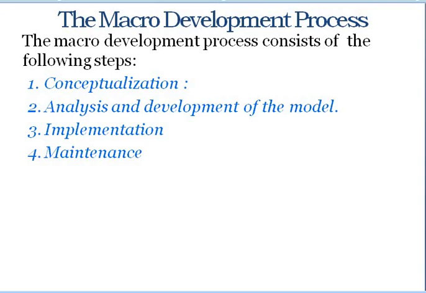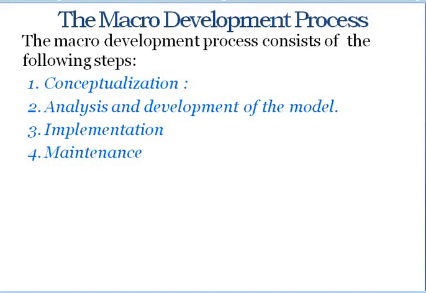It consists of different steps such as conceptualization, analysis, development of the model, implementation, and maintenance. During conceptualization, we establish the core requirement of the system, and also establish a set of goals and develop a prototype to prove that concept.